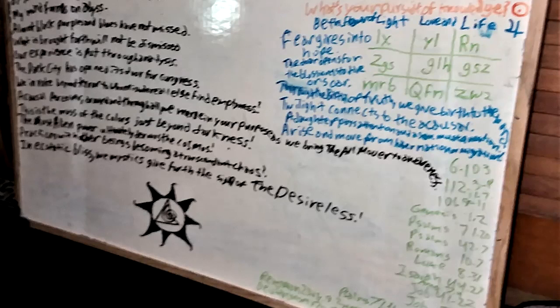We move on to Job 36:10. He opens their understanding by discipline and orders them back from mischief. Doesn't quite sound like our subject, but it relates if you look at the language, the older version.